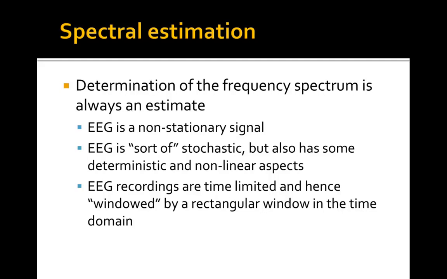A deterministic signal means that you have some equations that could define and predict exactly what the signal will be. So, for example, the cosine of 2 pi t. That's a deterministic signal because there's an equation that tells you exactly what the signal will be for all times.